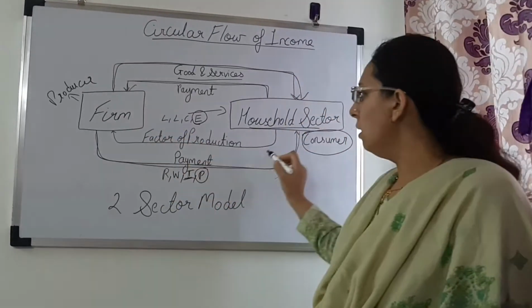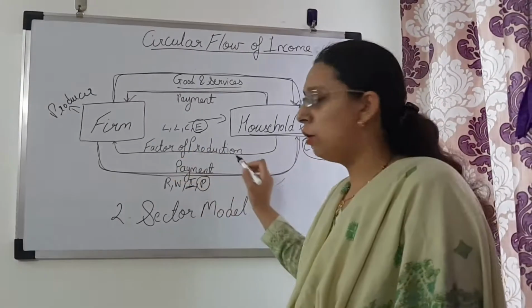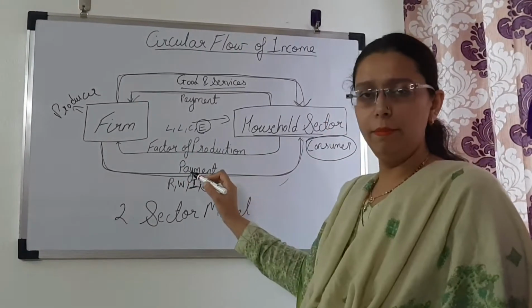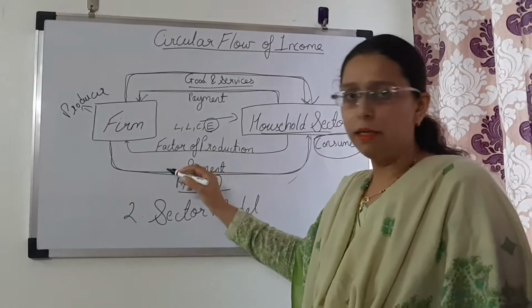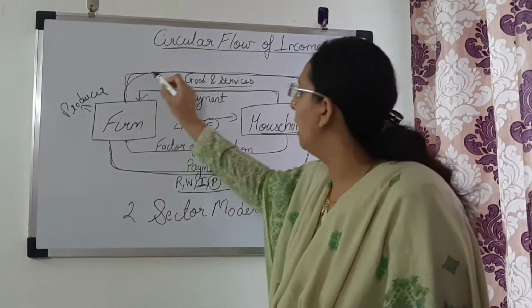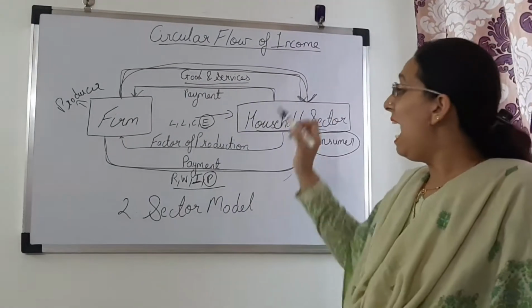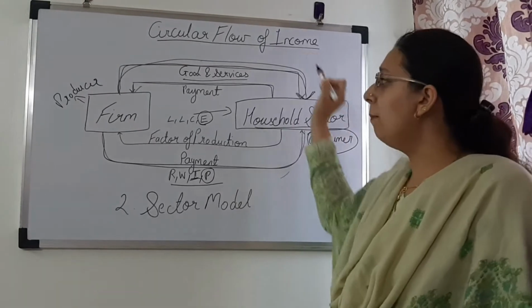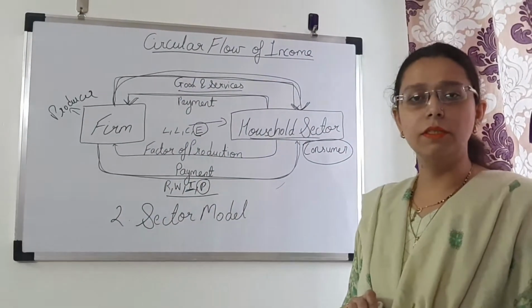Firm taking help of household, that is for factor of production, making payment to them in the form of rent, wages, interest and profit, and making goods and services with that factor of production for household. And household are making payment to the firm for the goods and services.